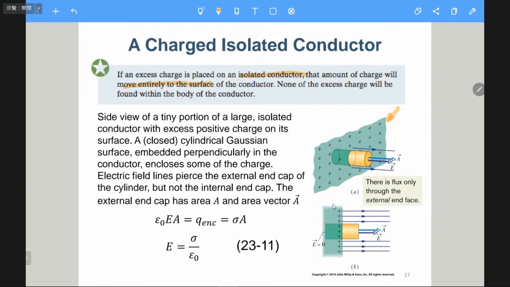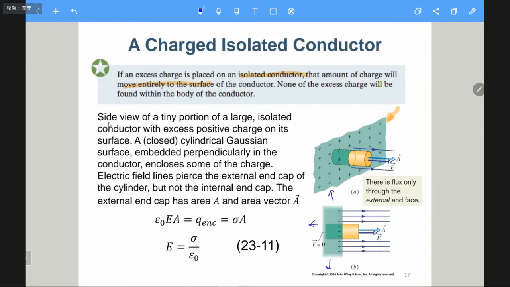Okay, so here we have a conductor which is very large and should extend far away, but it only shows this part, which is the cross section.